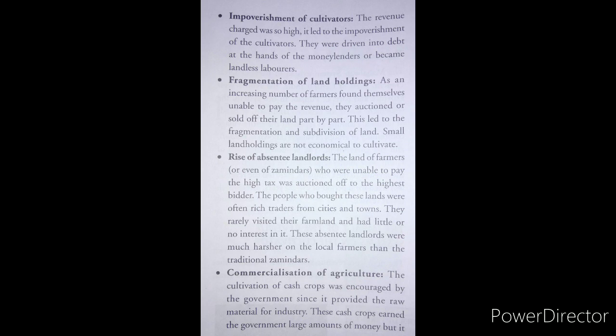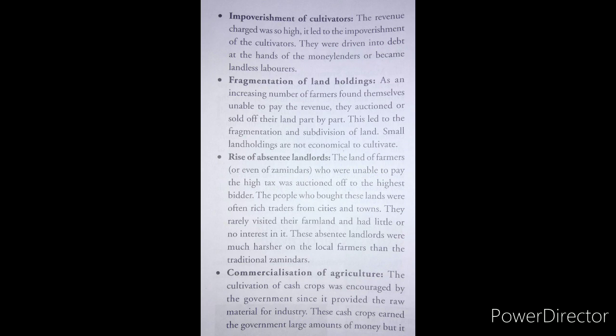And the next is commercialization of agriculture. How agriculture people used to make it cash crops. With the help of cash crops they can gain some money altogether to grow. The cultivation of cash crops was encouraged by the government since it provided the raw material for industry. And the company, meaning the Britishers, were also demanding that cash crops should be produced.